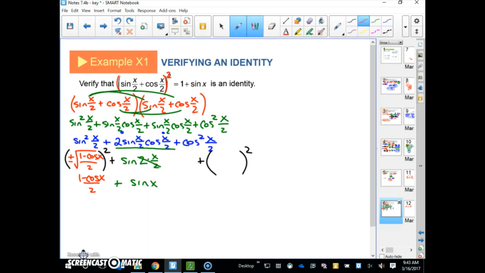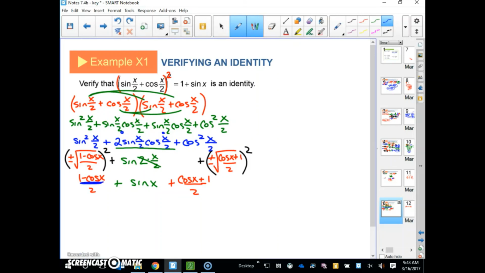And then over on the right side, you've got the cosine half-angle identity. So that would be plus or minus square root of cosine x plus 1 over 2. And again, like the other one, when that gets squared, the plus or minus square root goes away. And so we have plus cosine x plus 1 over 2 there. A strategy that comes up every once in a while is splitting a fraction.